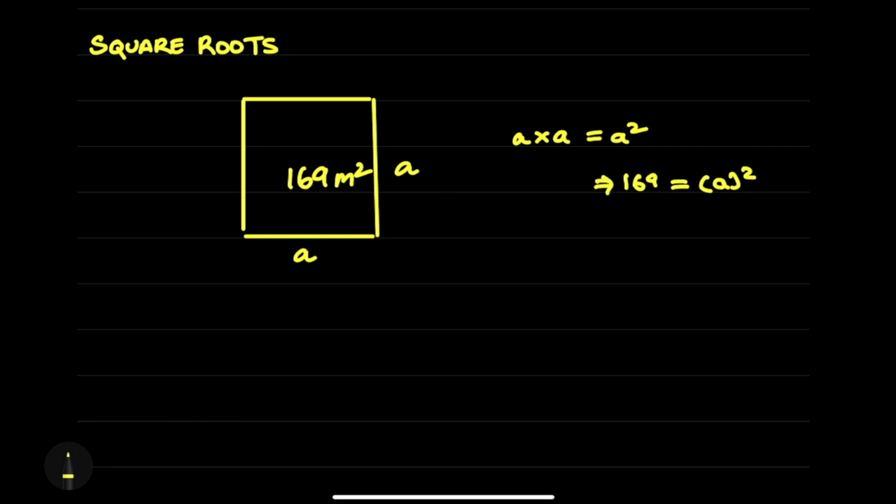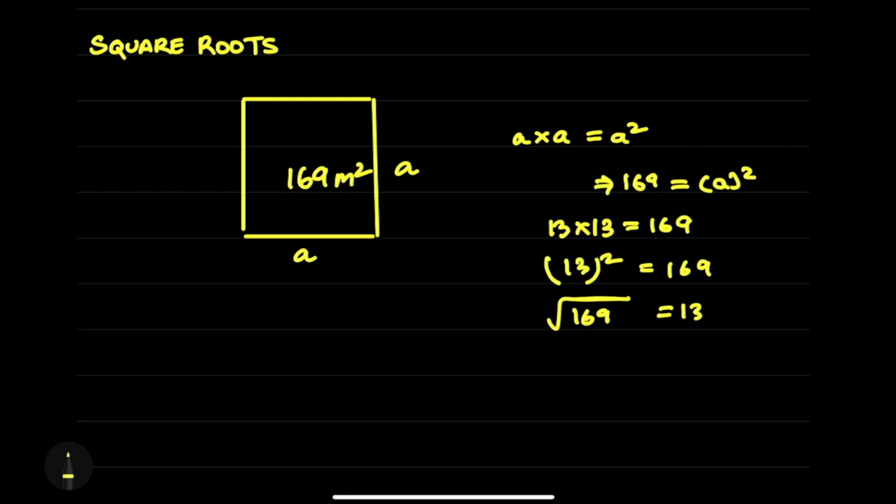From our tables previously, we know that 13 into 13 is 169. So therefore, 13 square is 169, or square root of 169 is 13. So there comes the notion of what a square root actually means.